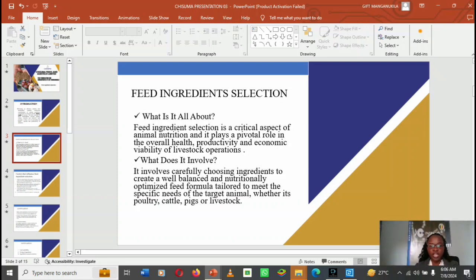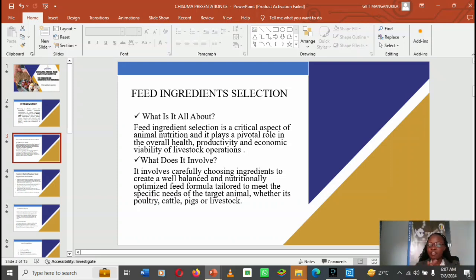So we said choosing ingredients to create a well-balanced and nutritionally optimized feed formula. You need to balance. Each chicken at each stage has a particular amount of proteins and carbohydrates that it needs to perform well.